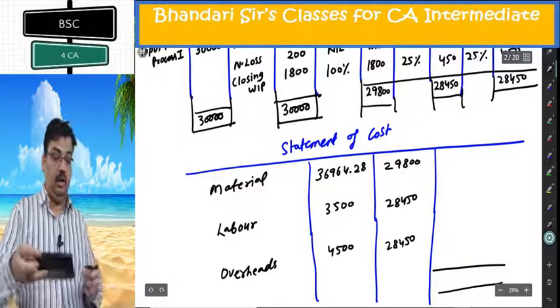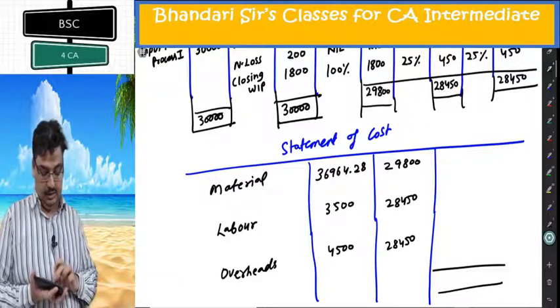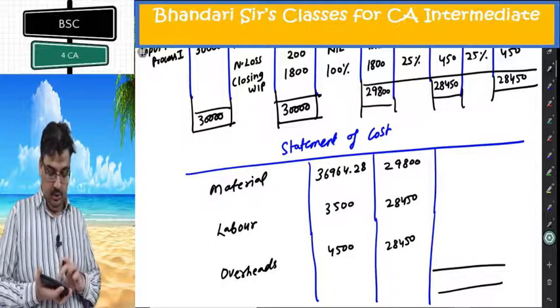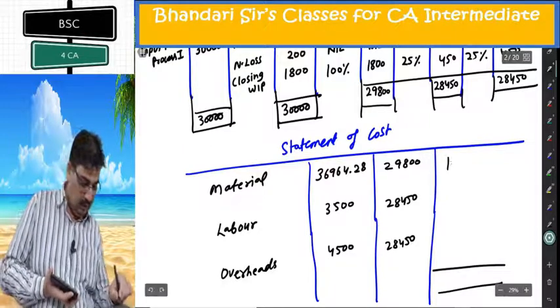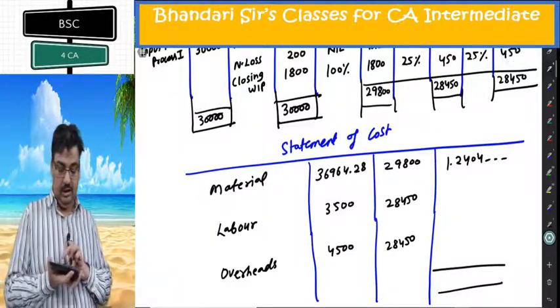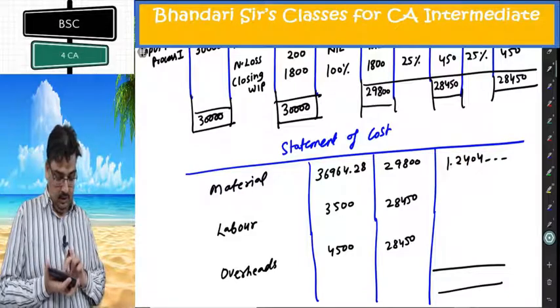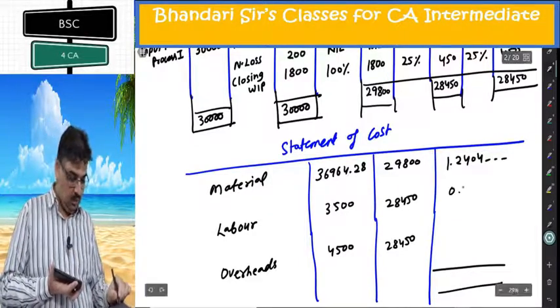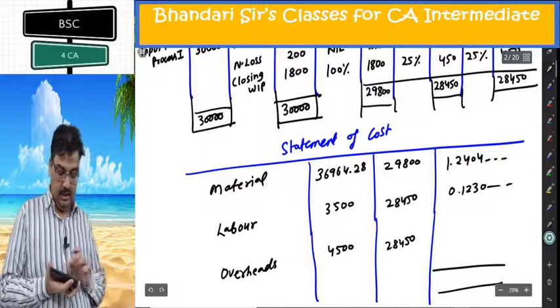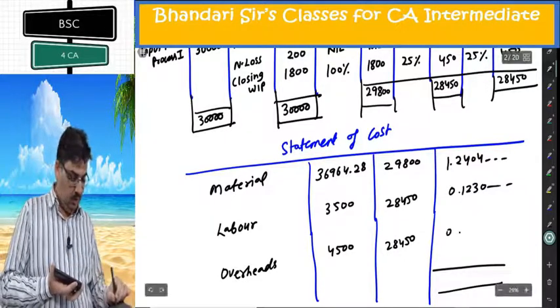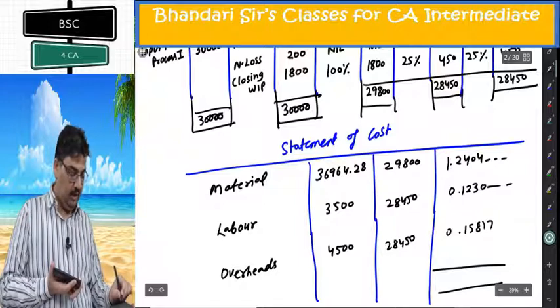So I'll again get lots of fractional figures. 36,964.28 divided by 29,800. I'm getting 1.2404 dash dash. Dash dash means I'll consider till the end. 3,500 divided by 28,450 is 0.1230 dash dash dash. 4,500 divided by 28,450 is 0.15817 dash dash dash.